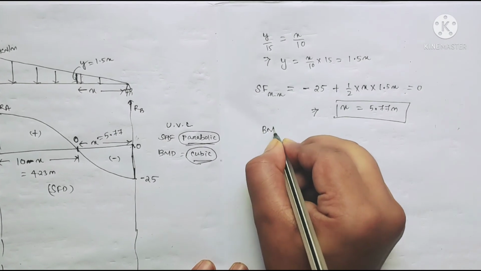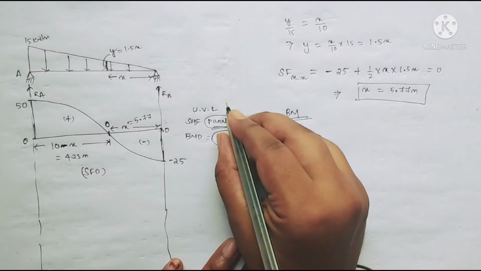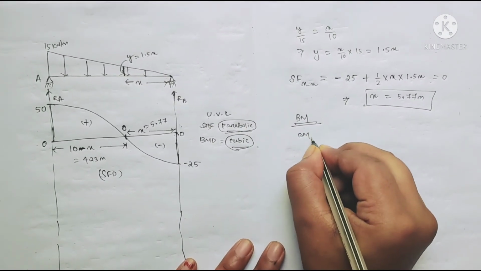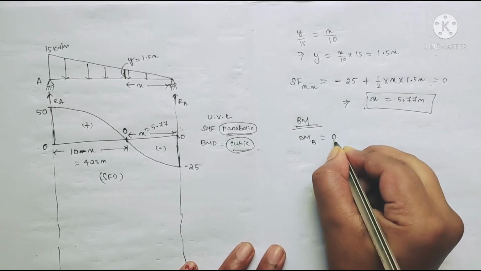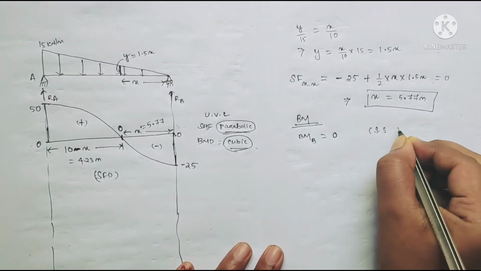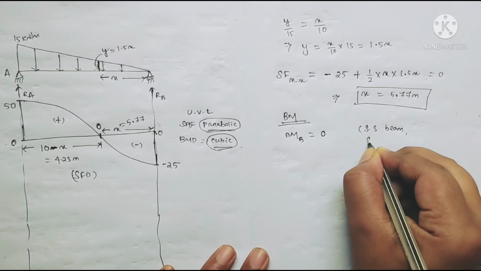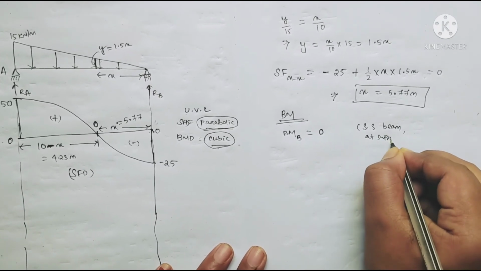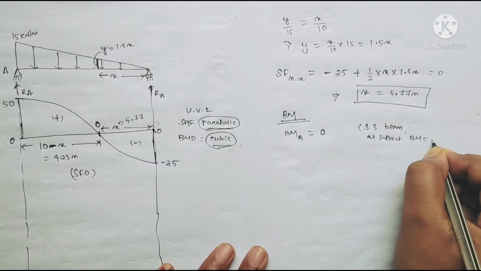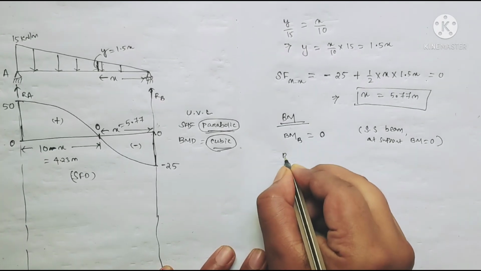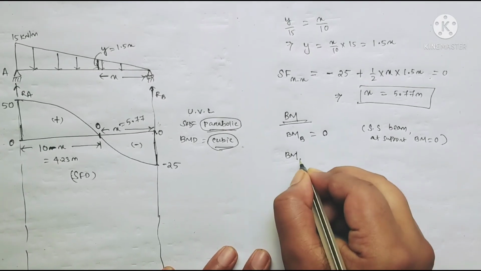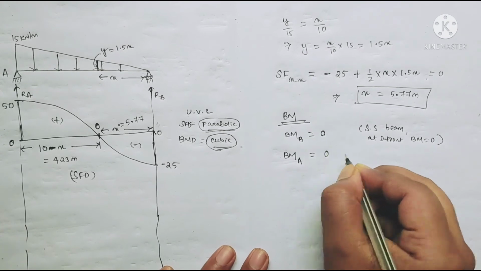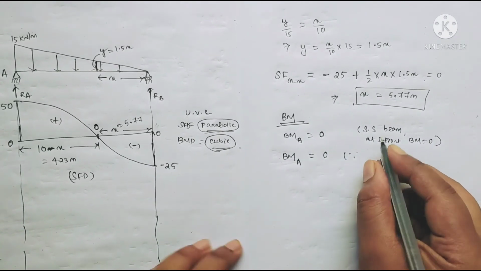Now calculate the bending moment. The bending moment at point B equals 0, because it is a simply supported beam and at a support the bending moment will be 0. Now calculate the bending moment at point A, which will also be 0. Let's check it.